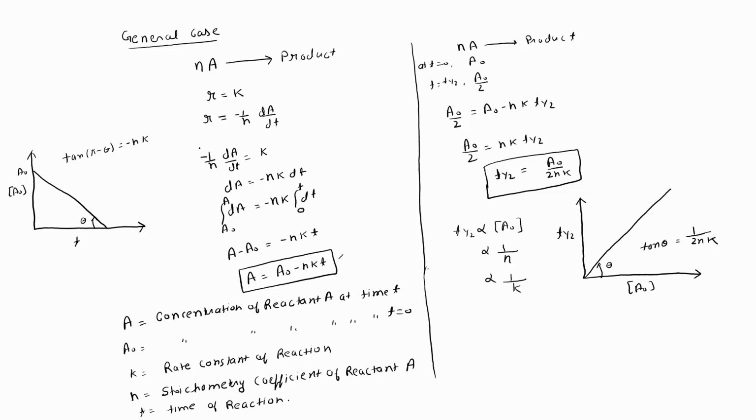So for the special case, if there is a stoichiometric coefficient attached with the reactant, everything is the same except there is a multiplication of stoichiometry in the slope. So for t half, we have 1 by 2nk slope instead of 1 by 2k. And for the concentration versus time graph, we have minus nk slope instead of minus k.